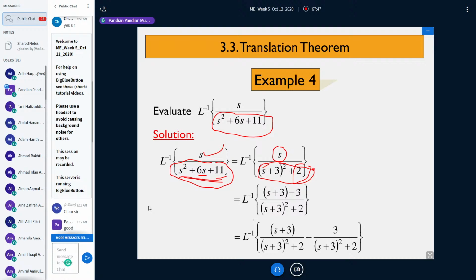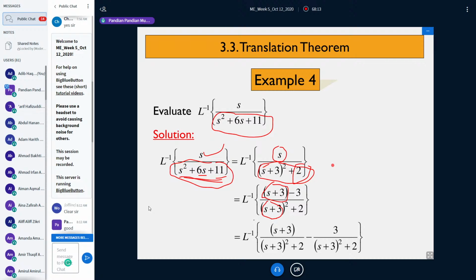And we know that this part will go to cosine provided you have S plus 3, because the denominator is S plus 3. In order to get the cos, using the translation theorem, this S must be S plus 3, otherwise cannot.